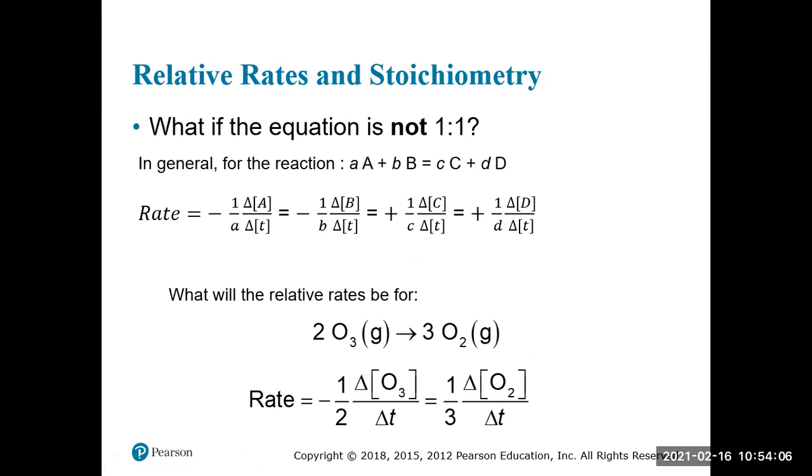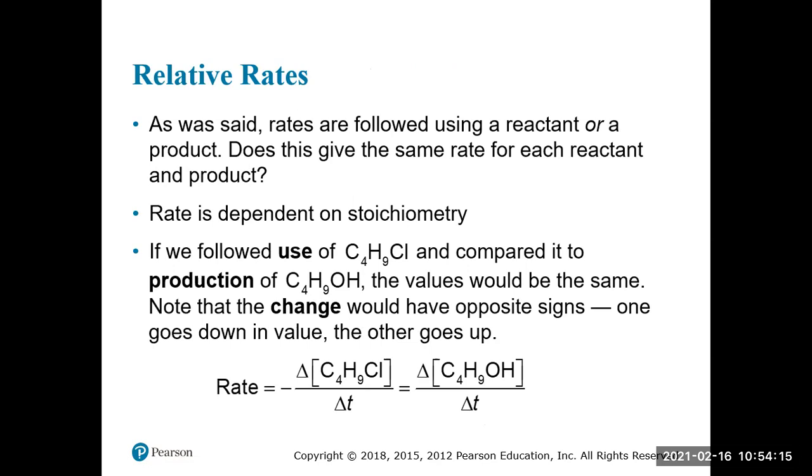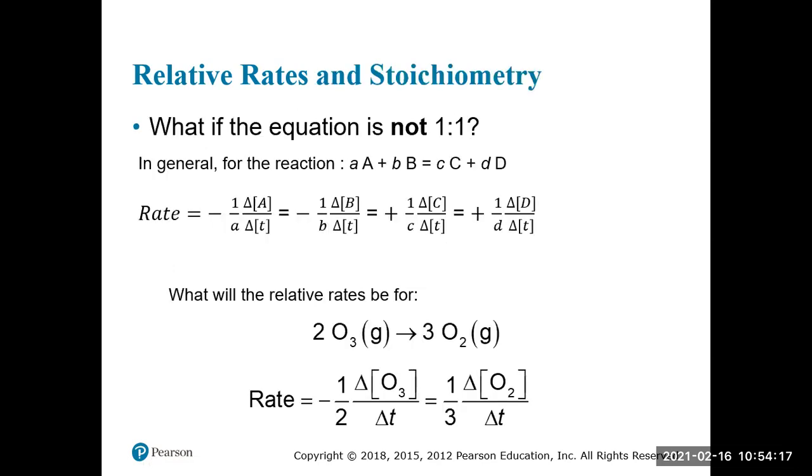So we said that the rates go along with the stoichiometry. And so in this case, it was 1-to-1, but what if it's not 1-to-1? So if we just write a general reaction as A plus B forming C plus D, and then the lowercase a, b, c, and d are the stoichiometry values.